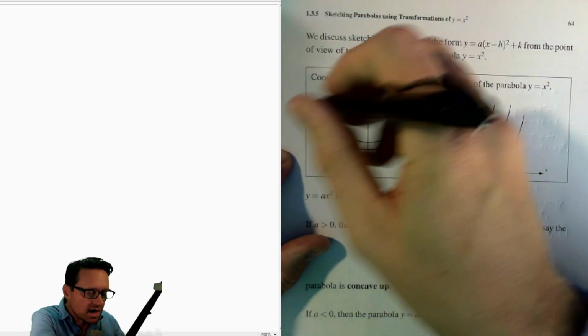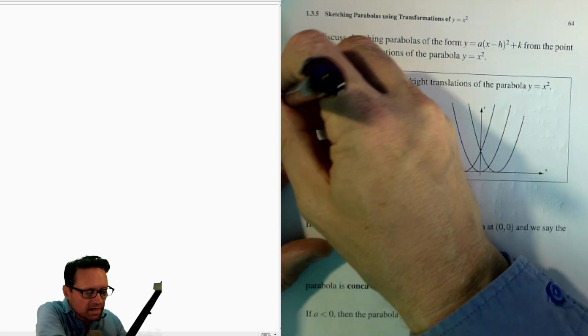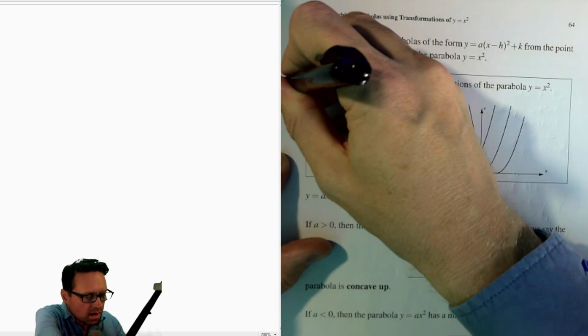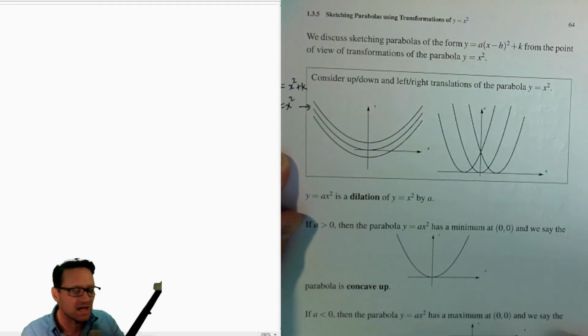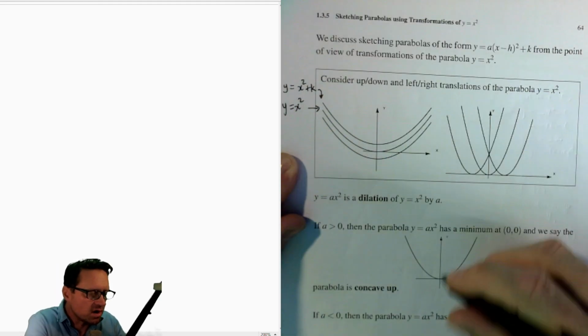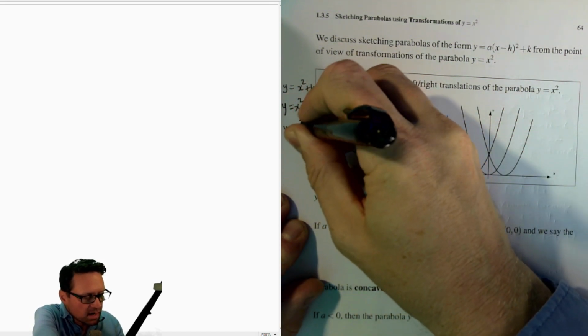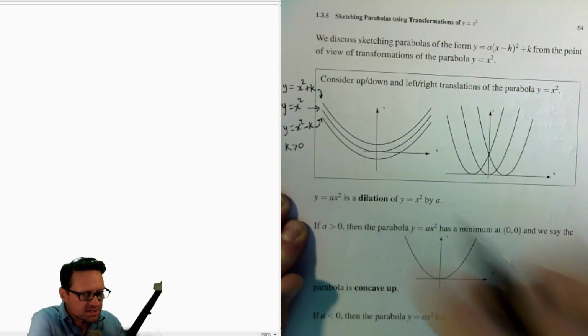The middle one is y equals x squared. Up here I have y equals x squared plus some positive number k. That'd be this top one. And this one would be y equals x squared minus some positive number k. Just note k is positive in this example.